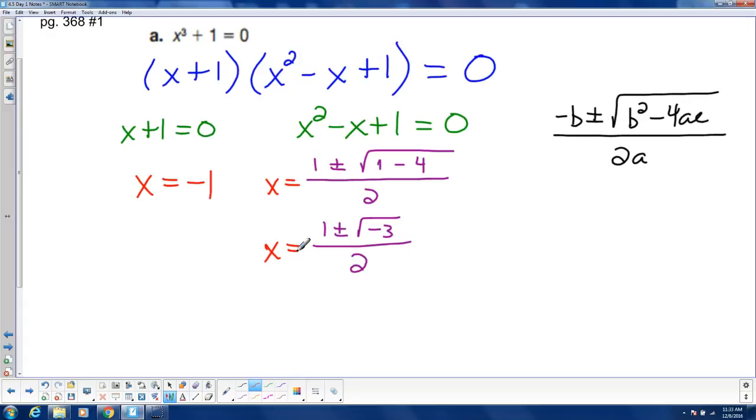What do I like in its place? All over 2. Yep, that's what I like instead. X equals 1 plus or minus i times the square root of 3 all over 2.